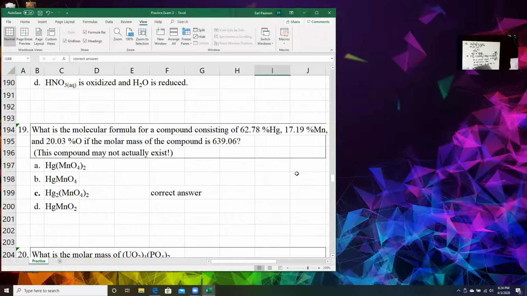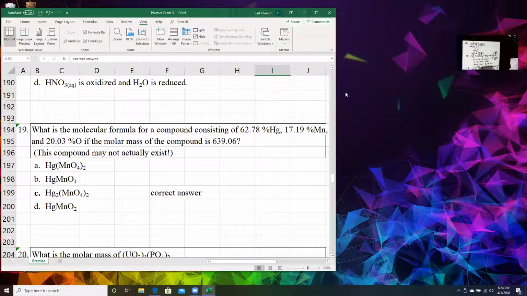So let me write down the data. It's 62.78% mercury. It is 17.19% manganese, and it's 20.03% oxygen. All right, I've got the data copied across, and the molecular weight, I'll write it down too.